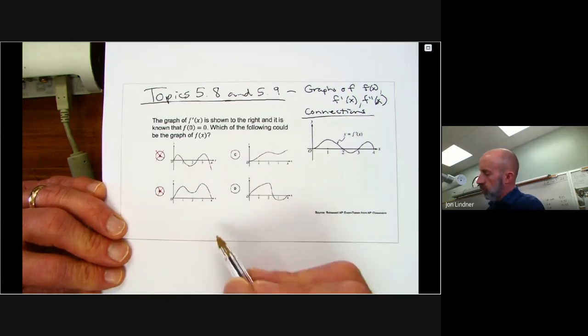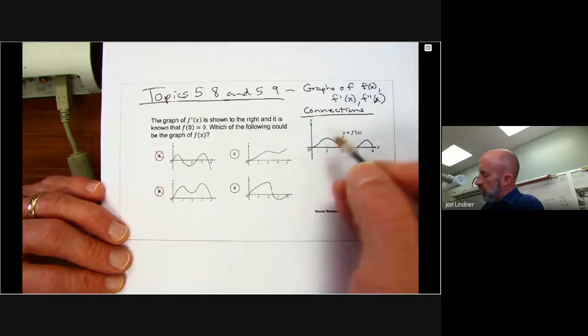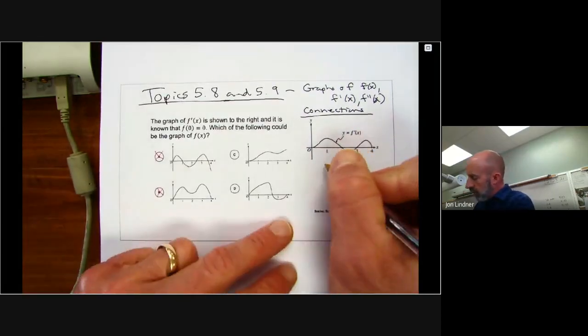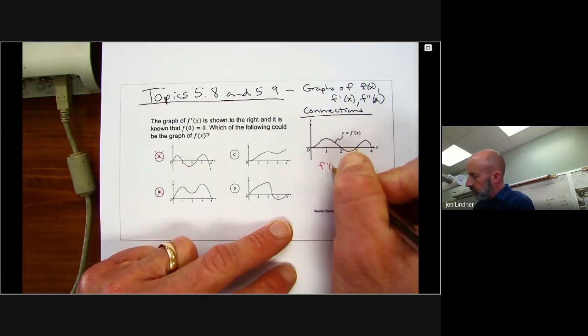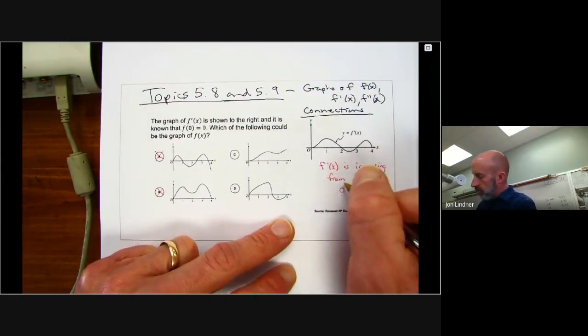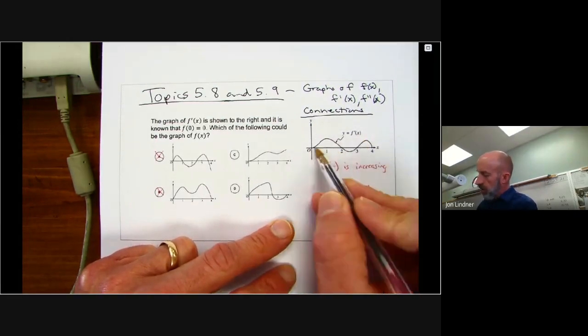So how do we choose between C and D? Well, what I want you to notice is that f prime of x is increasing from 0 to 1. Here's the derivative.